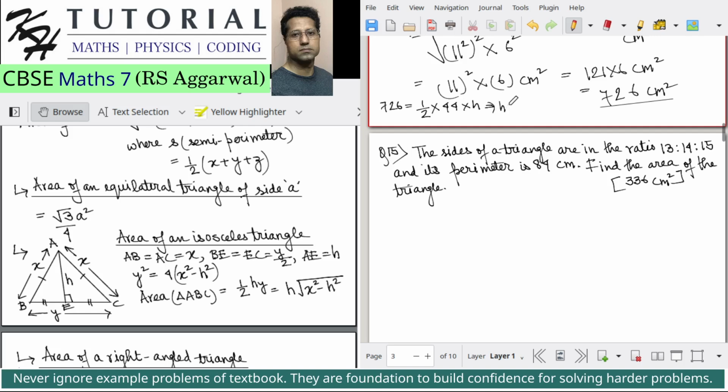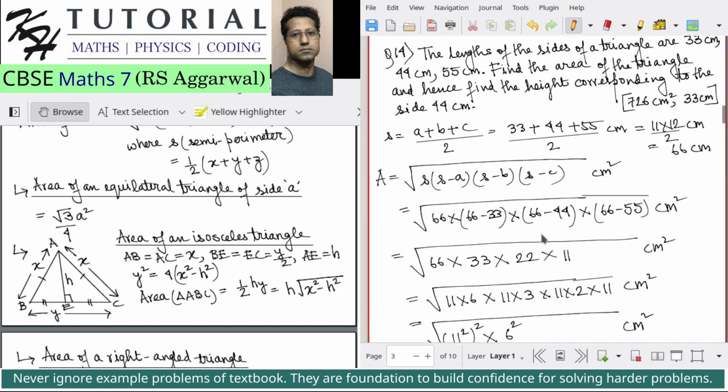So height is equal to 726 multiplied by 2 divided by 44, and I am again using the calculator, 726 multiplied by 2 divided by 44 is 33. So this is 33 centimeter. So the height of the triangle corresponding to the side of length 44 centimeter is 33 centimeter.